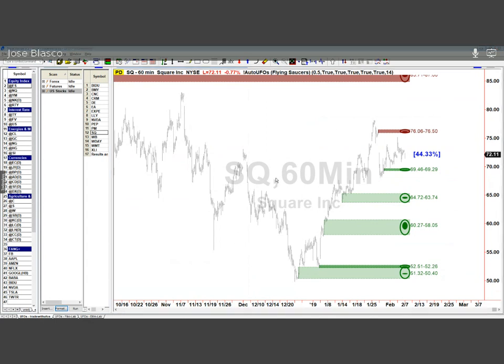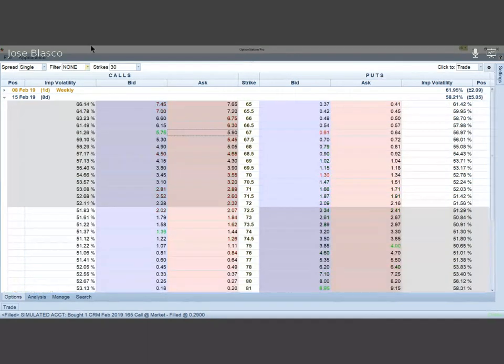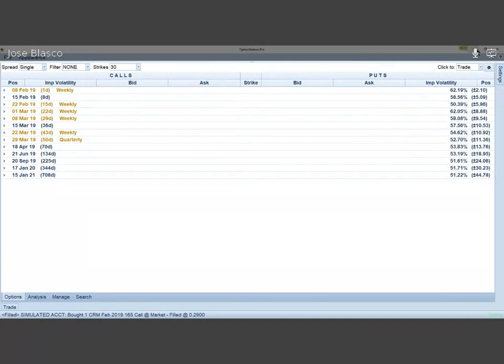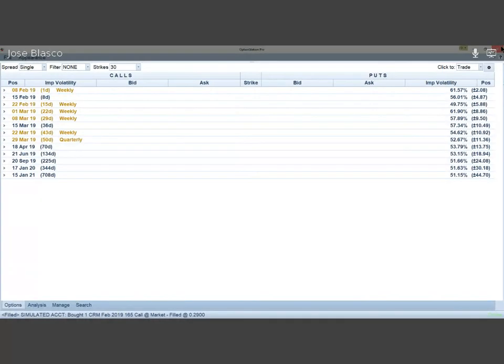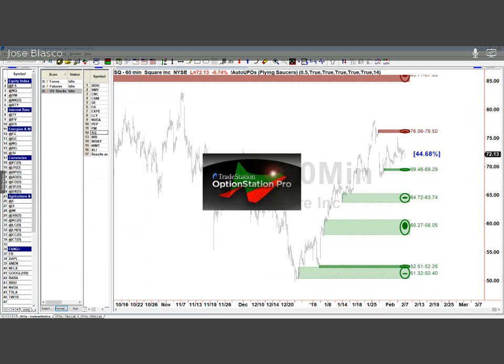So SQ, Square Incorporated. Let's see, what is the premium built in that stock? And that's actually pretty good. 167, 130. Yeah. So hey, let's take a look at this, because with that particular stock, let me reload the option chain, because I don't see the top of it, and I want to make sure the data I have corresponds to Square.